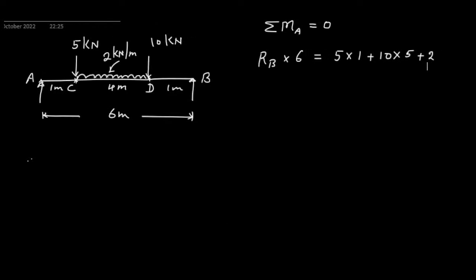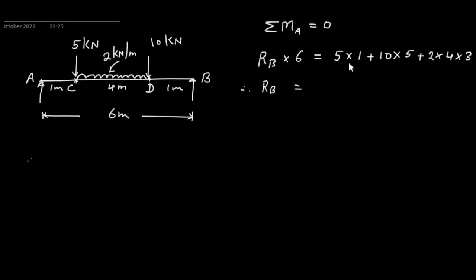So the total load is 2 into total length 4, and its resultant will act at its center, at a distance of 2 meter from point C, that means at a distance of 2 plus 1, 3 meter from point A. Okay, so therefore I will find RB.